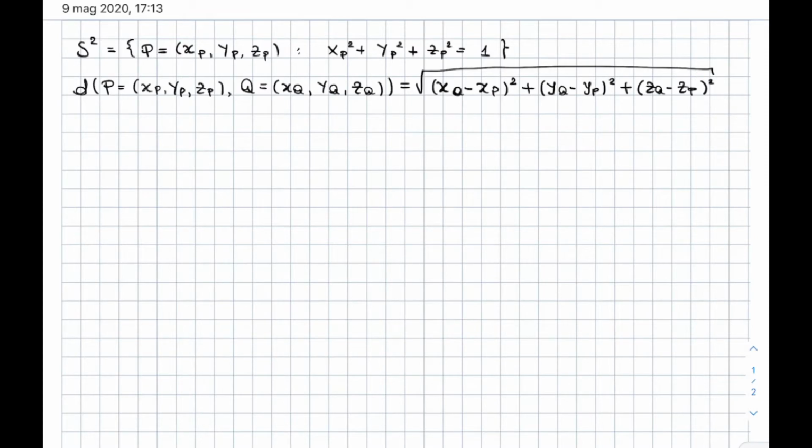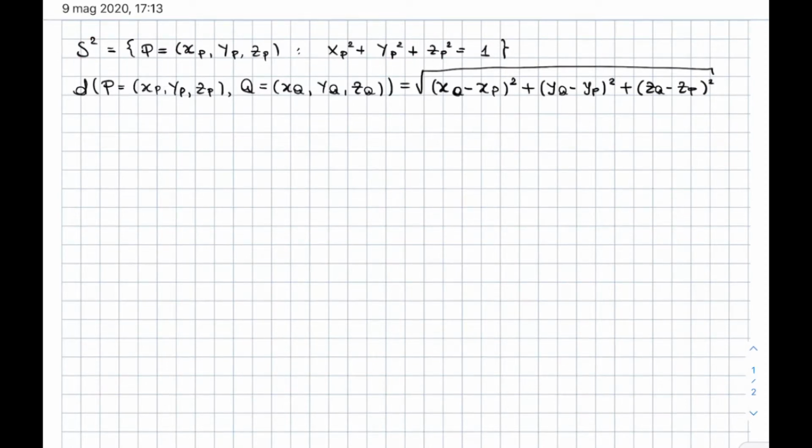The reason why we say this is that this formula defines a distance on the space itself, and we are restricting it to the sphere to compute distances between points on the sphere.